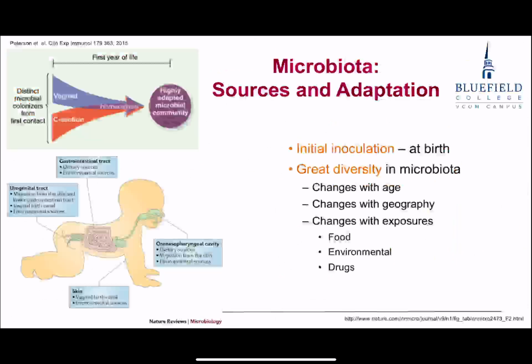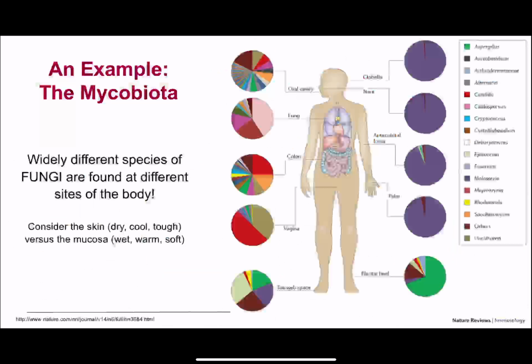Here's one example. So you're going to see several images like this. Do not at all pay any attention to what all of those different colors mean. They all are a different organism. So this is just looking at the fungi on your body.